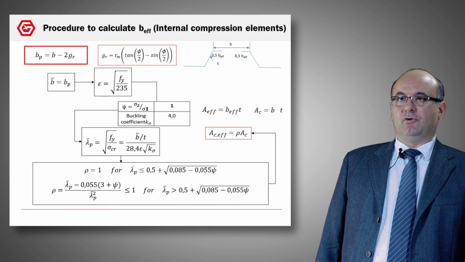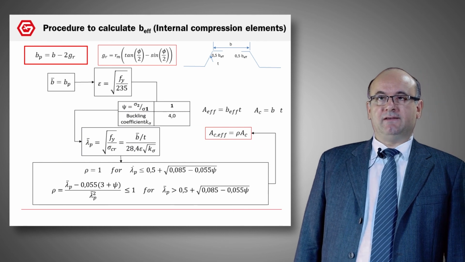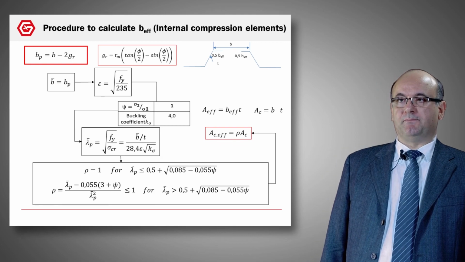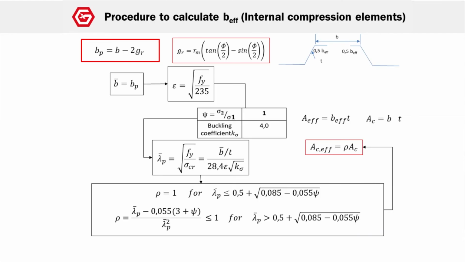Okay, now we have a global view of a procedure to calculate and to take into account the buckling in the flange part in compression. First, you have the geometry of a profile. It is the drawing on the top on the right. And we know B. If we don't take into account the corners, we have to remove the corners, and for that we obtain BP, and BP is equal to B minus 2GR, and the formula of GR is given here.